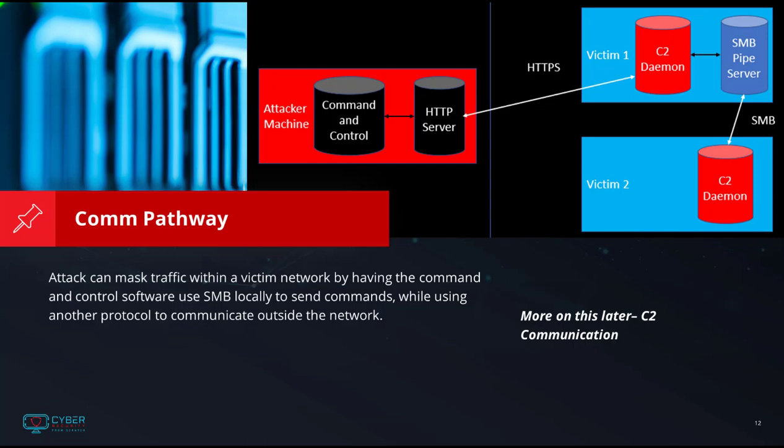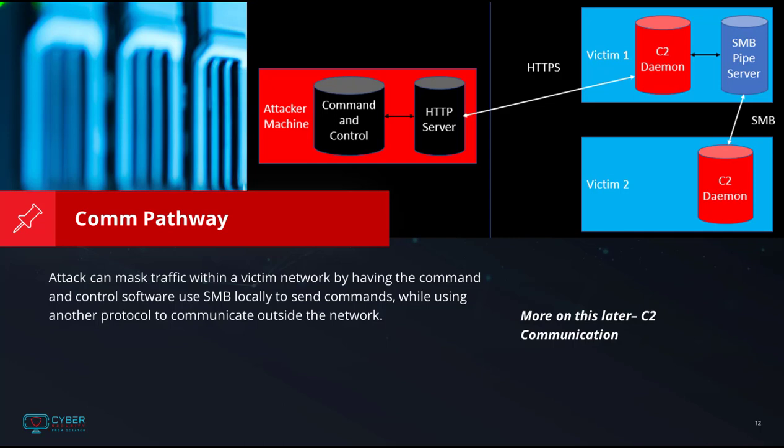So in the diagram I have up on the screen, I have a topology where a central command and control daemon is running within the network that communicates with a command server on the outside via HTTPS. So from the perspective of someone watching firewalls, they just see HTTPS traffic going through the firewall from a single host. And of course, this can be set up in a way that the traffic looks innocuous.